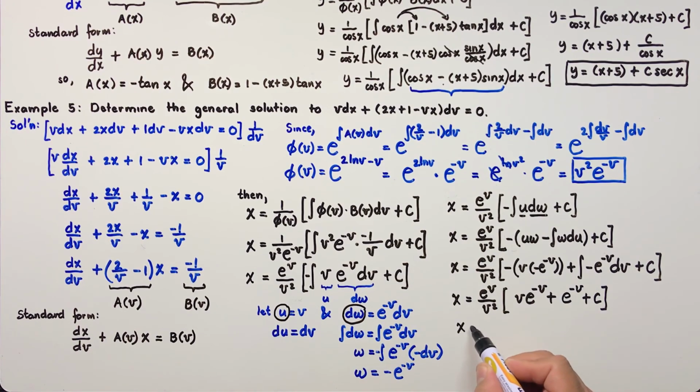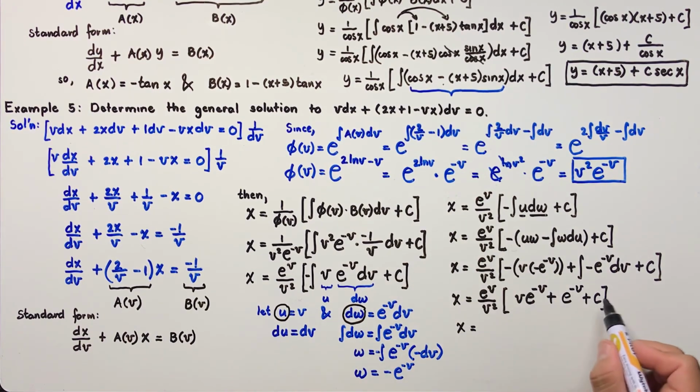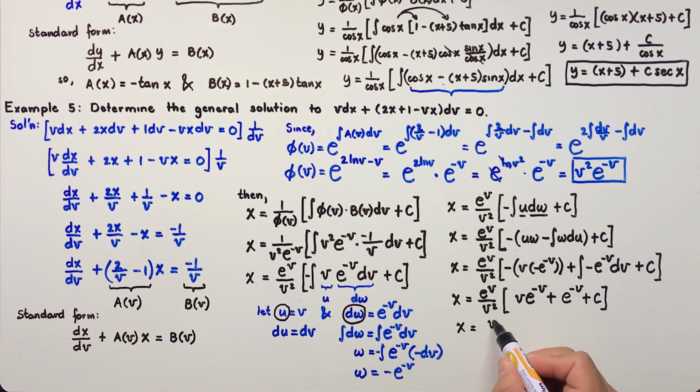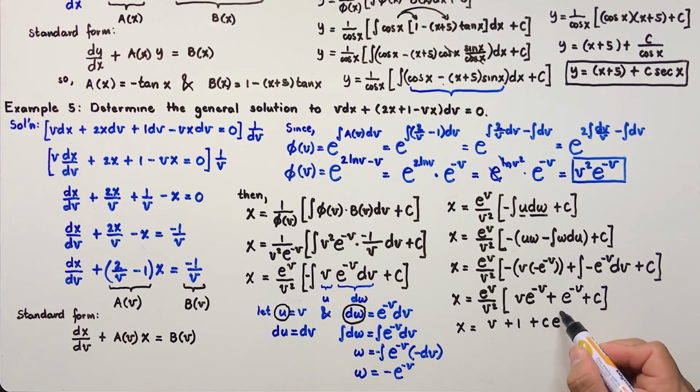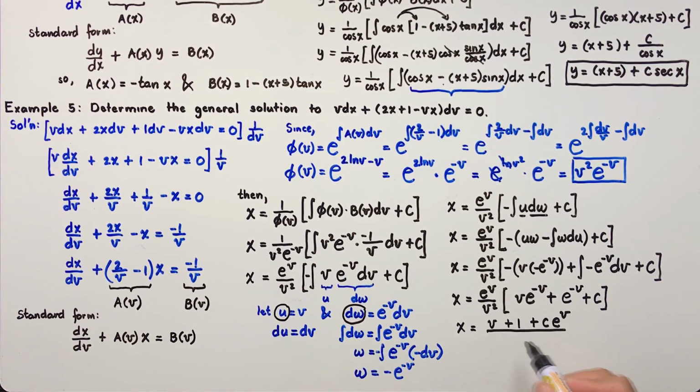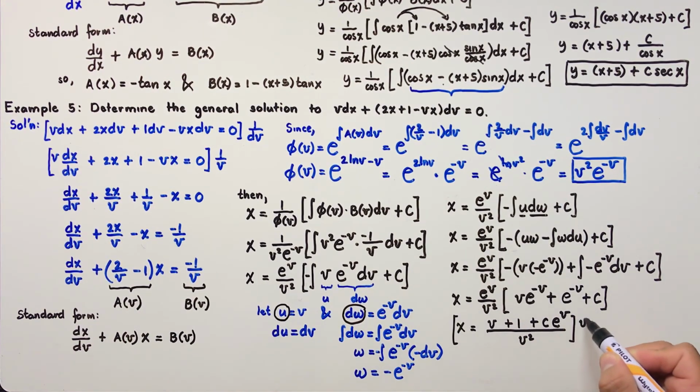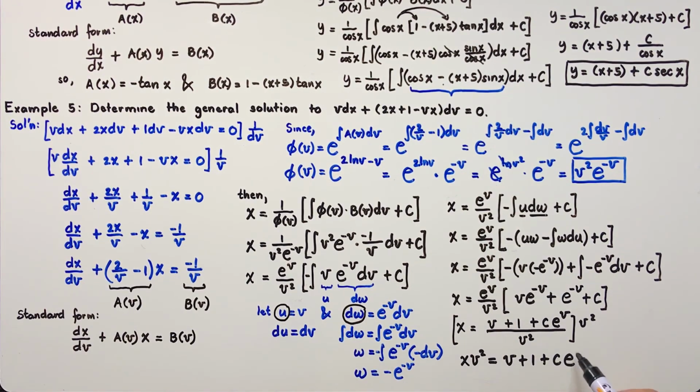Distributing our e to the power v to these three terms here, we have v plus 1 plus c e to the power of v all over v squared. So multiplying both sides of the equation by v squared, we have x v squared, which is equal to v plus 1 plus c e to the power of v here. And this is our solution for the given differential equation.